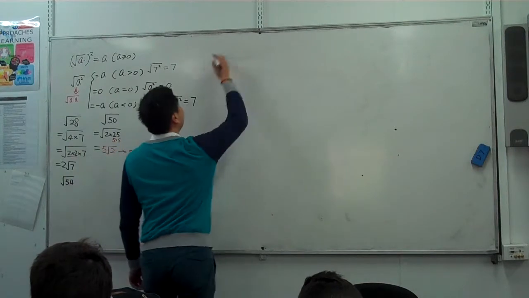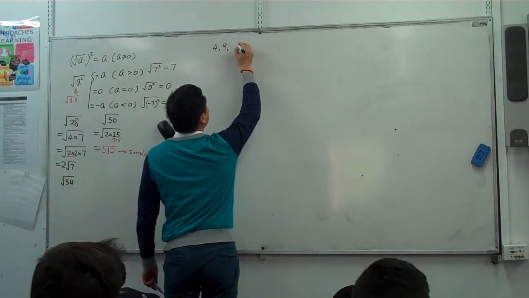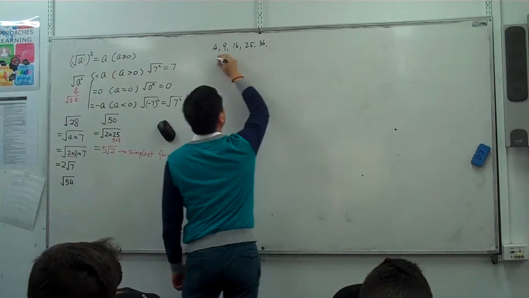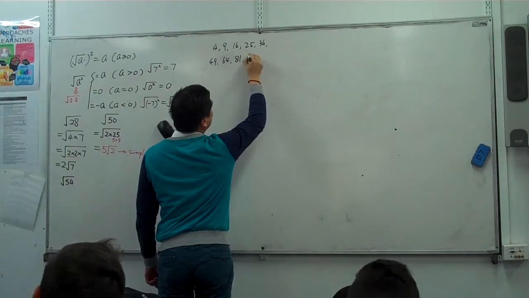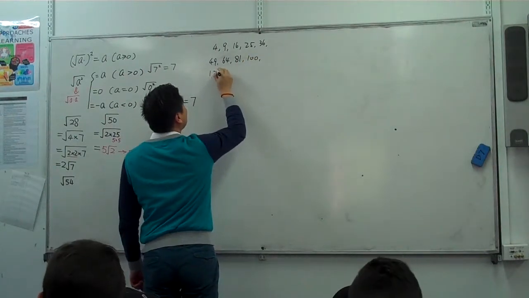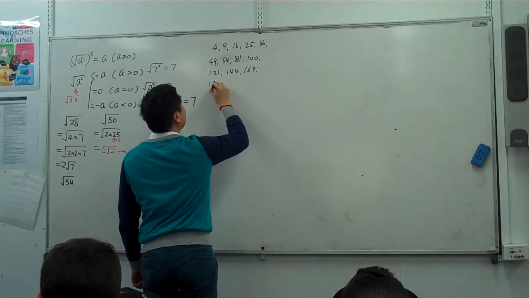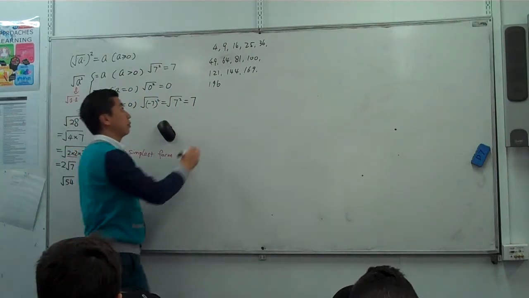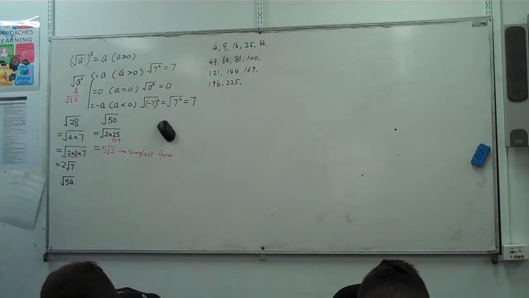I listed some here, like 4, 9, and so on. I listed from 2 to 15.